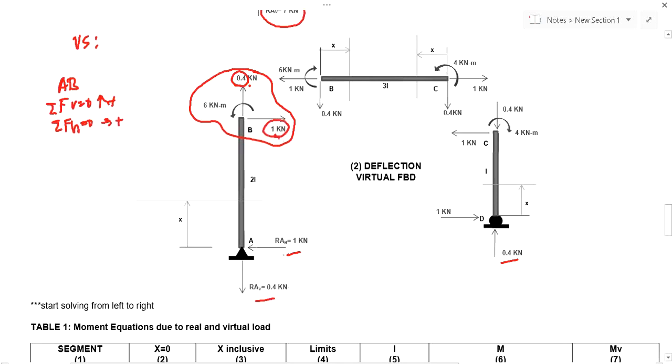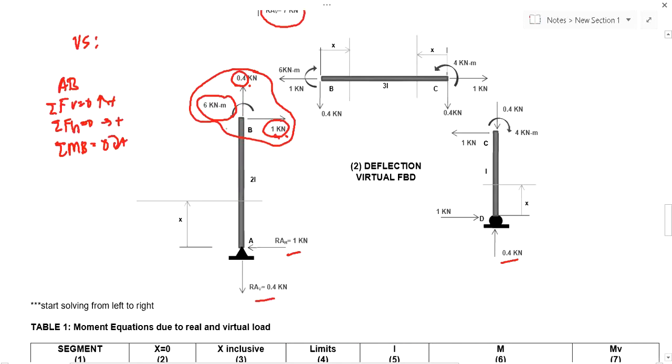Okay? Because this 1 is to the left, this 1 is to the right. Okay? And if we take our moment at B, we will solve the 6 kilonewton meter. So, 1 times the distance, that is 6. Clockwise this one, counterclockwise at B. So that is 6 kilonewton meter.